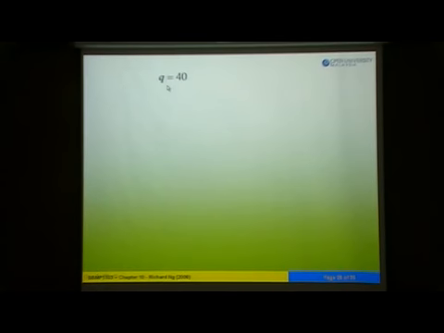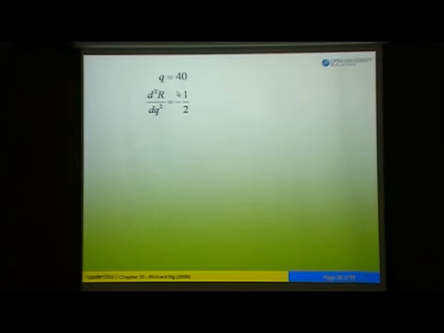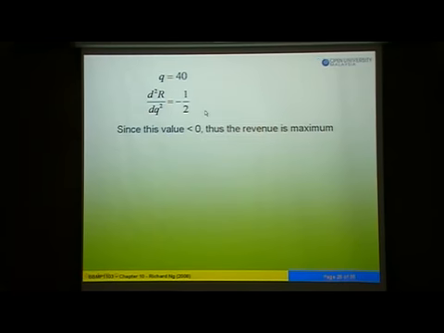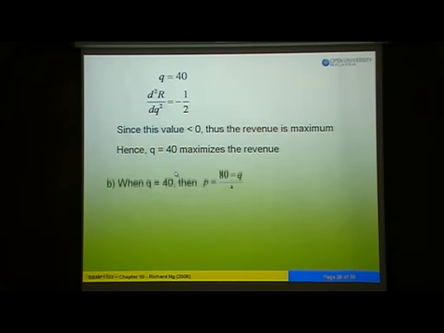We notice that the value of Q is equal to 40. The second step is to find d2R/dQ square, and differentiating dR/dQ just now, the answer obtained will be negative half. Negative means maximum, alright? So we say the revenue is maximum, and the value of Q that maximizes this revenue is 40.